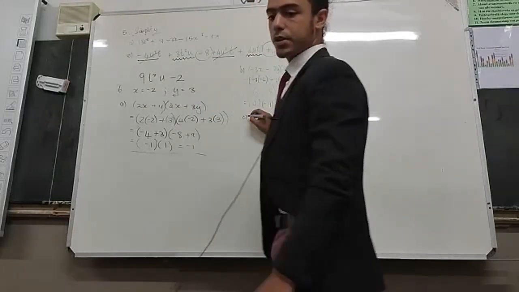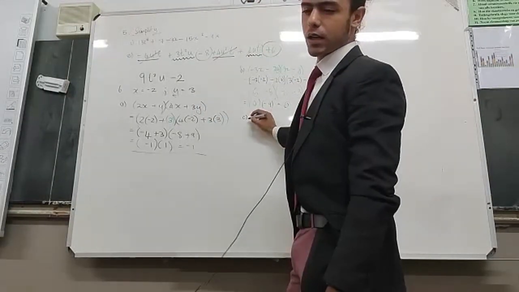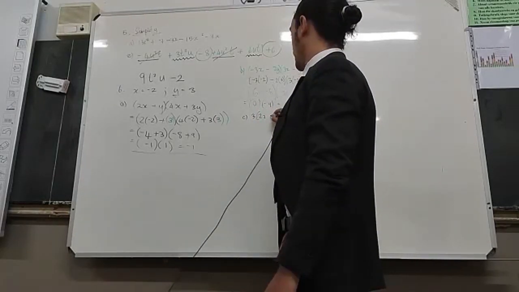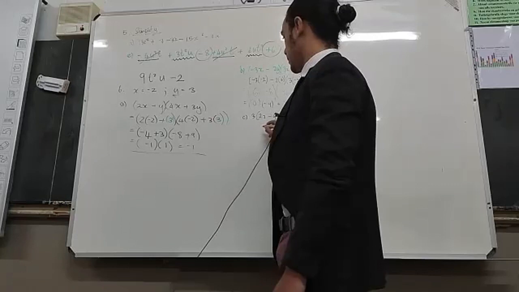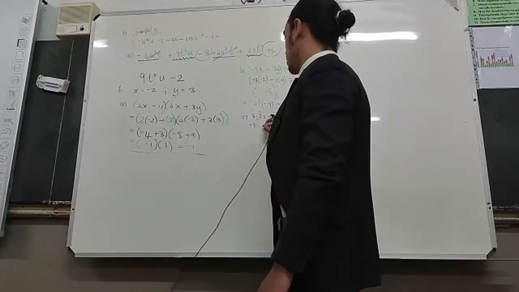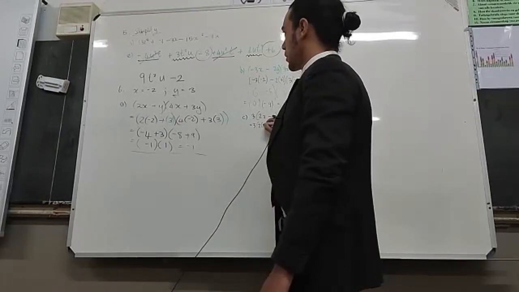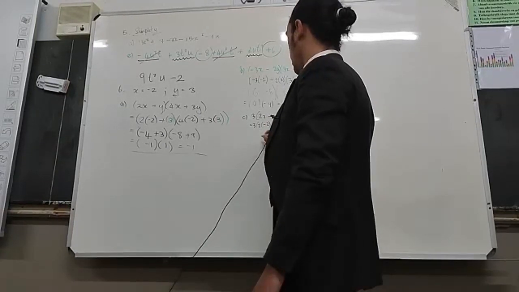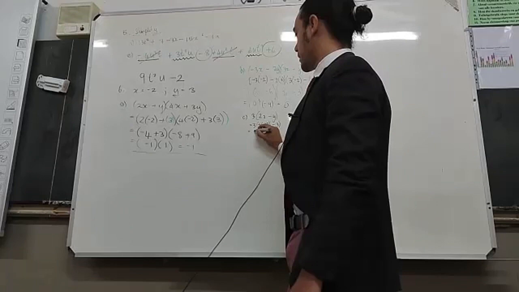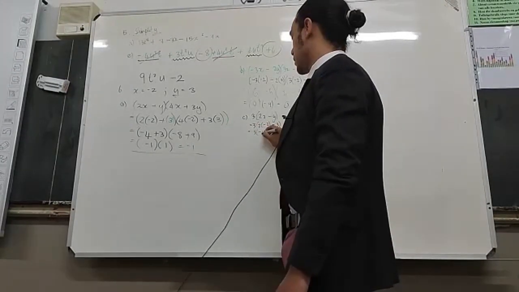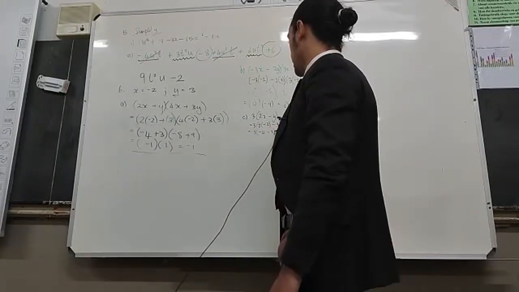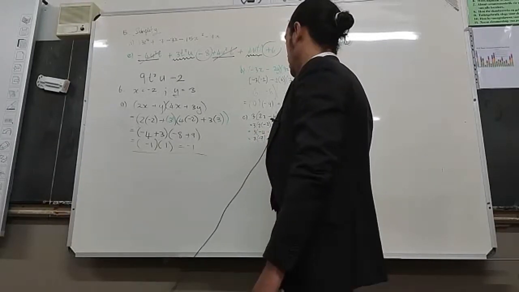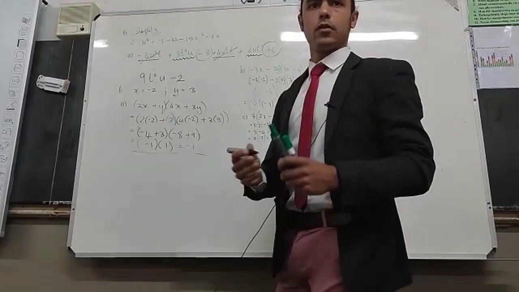Question number C looks like 3 times 2 minus y. It's only that. Do the substitution. We have 2 times negative 2 minus 3. That becomes 3 times negative 4 minus 3. That becomes negative 7 within the brackets. So it's 3 times negative 7, which is equal to negative 21.